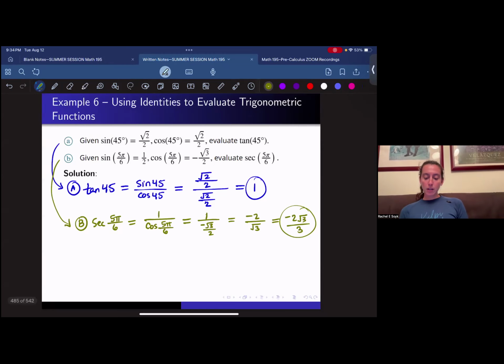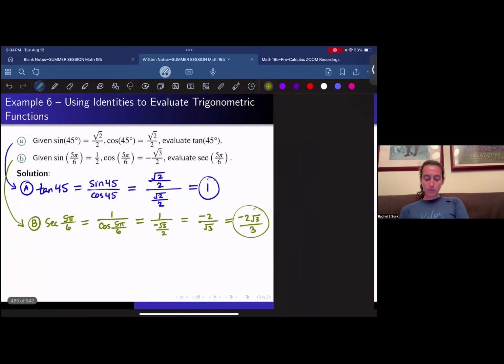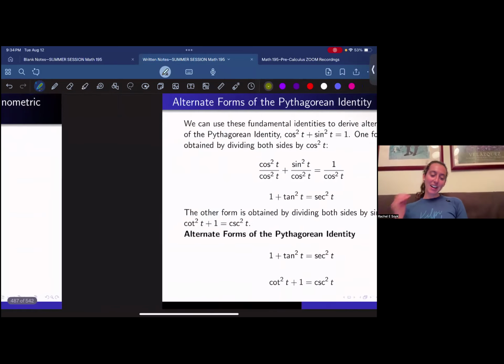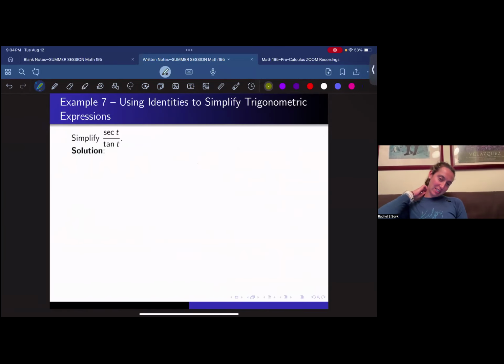So now we arrive at one more question before the Pythagorean identities, I promise. And so we want to just simplify this example. Secant of t is the same as 1 over cosine of t, and tangent of t is the same as sine of t over cosine of t.